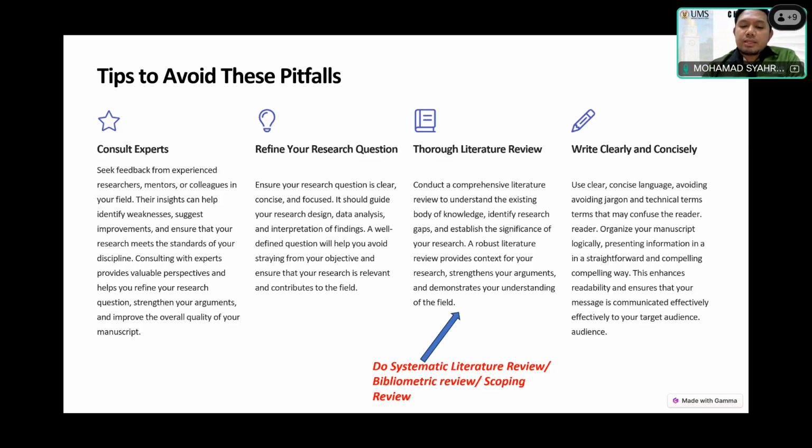So some universities require students to do a systematic literature review, and just accept this rather than the scoping review. But in UMS we don't have this kind of thing. You can still be flexible to use any type of review article.